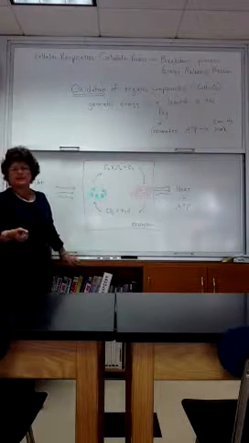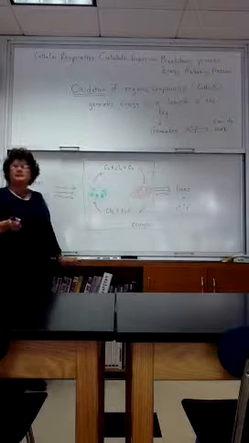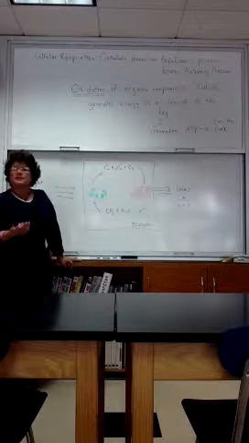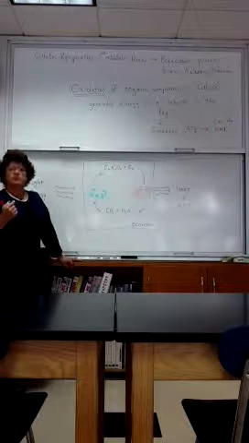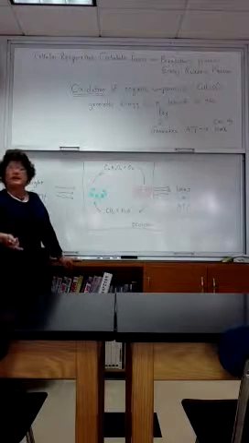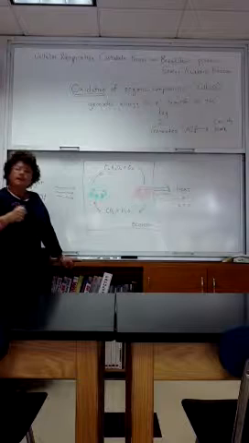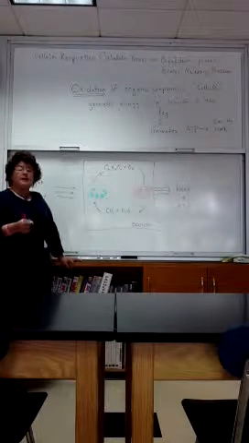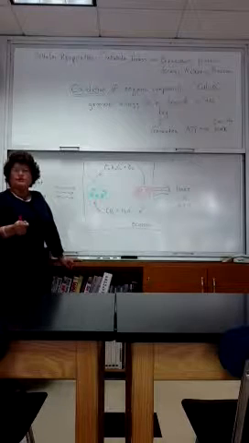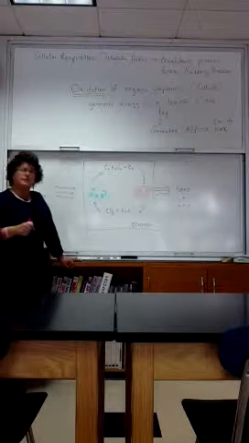And what work do they need to do? Well, we know we can classify all the work that cells have to do into three main categories. They do chemical work, they do transport work, and they do mechanical work, okay? But what type of energy do cells need to do this work? Well, it's a special form of energy, and we learned about that molecule in the last chapter as well.